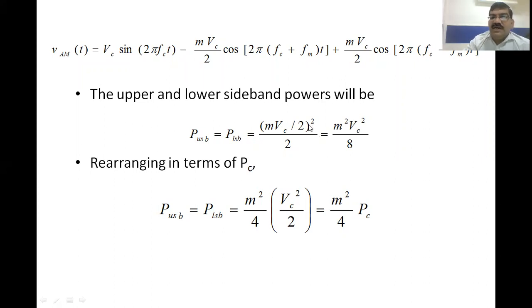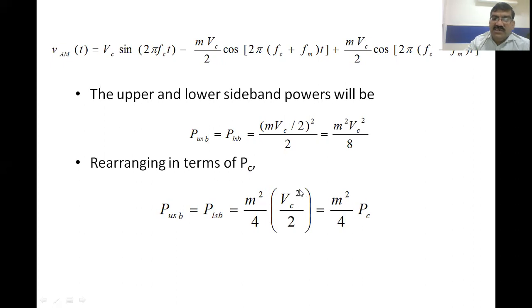So it is (m Vc by 2) square upon 2. So this is m square Vc square upon 2 square, that is 4, 4 into 2, that is 8. This is the power in either the upper sideband or the lower sideband. Then if you consider the upper sideband and lower sideband power, you can just separate it out.